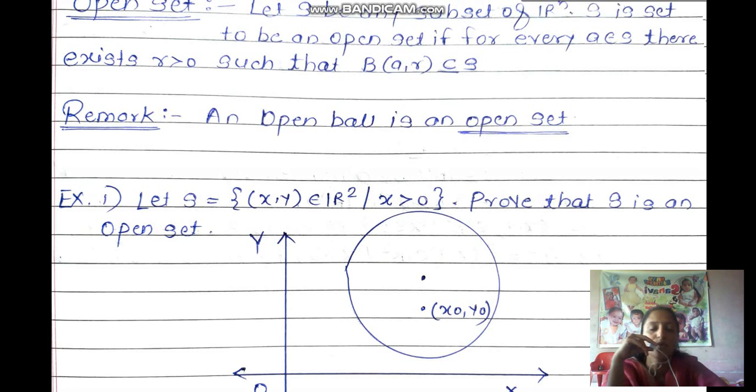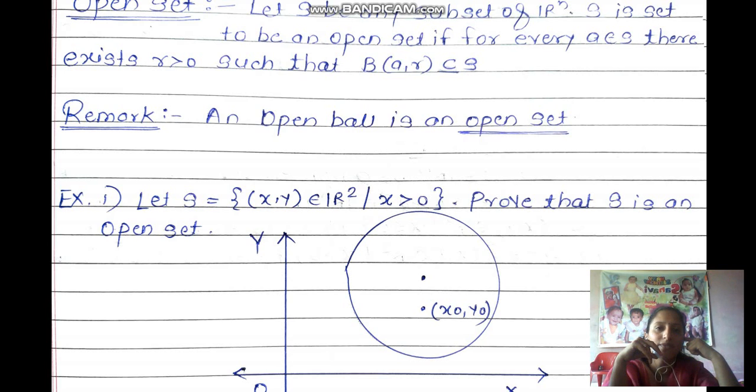Then S is said to be an open set if for every a belonging to S, that is, every point in that set S, there exists a radius r greater than 0 such that the open ball centered at a with radius r is a subset of S. That is, for every point a in that set S, there exists a radius r such that the open ball B(a, r) is a subset of S. Okay, an open ball is an open set. Every open ball is an open set.